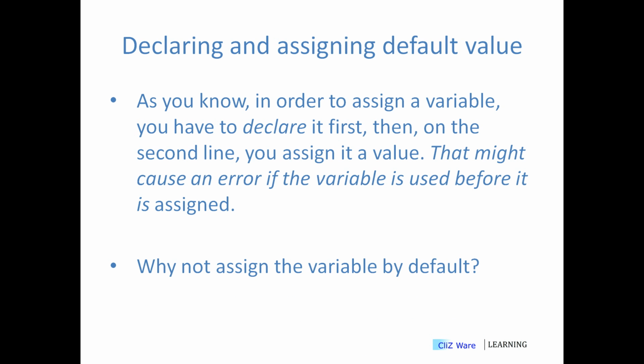So in order to avoid that error, we need to assign it a value by default. I think that's a good habit to have, because when you assign the value by default, you decrease the chance that you will make the application crash.